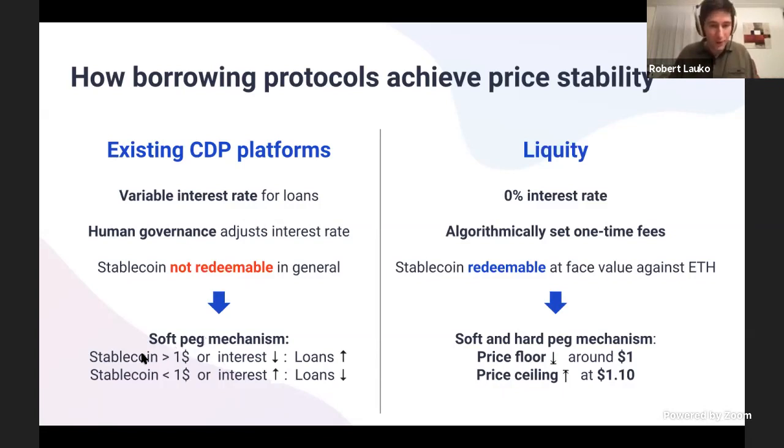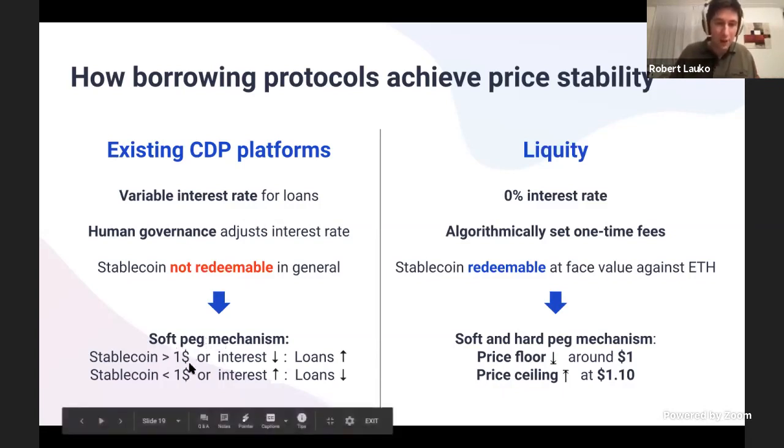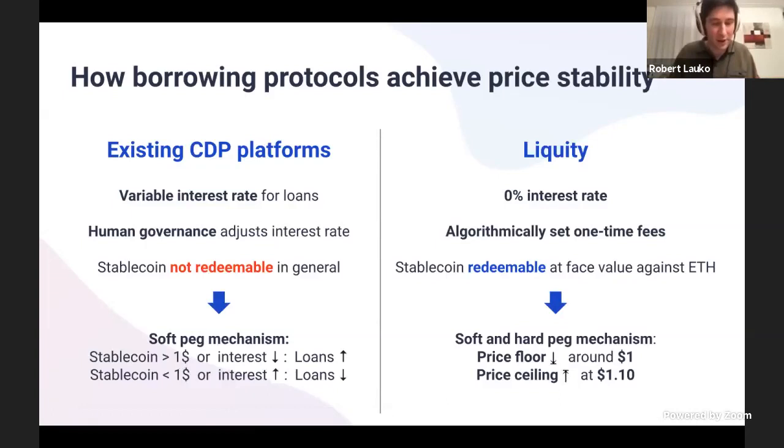And there is also something which I call a soft peg mechanism, which basically involves that whenever a stablecoin has a long-term perspective of being stable and pegged to $1, then if there is a short-term deviation from the peg, let's say it's slightly above $1, people would have an incentive to take out loans, because they would hope that in the future it would go back to $1, so that when they repay their loans, they would need slightly less money to repay their debts.